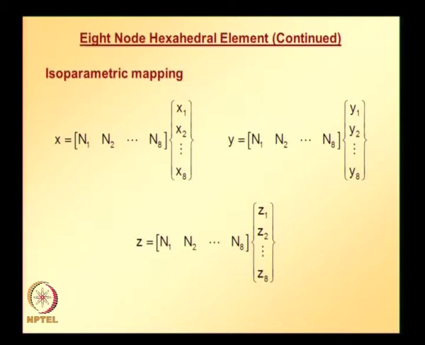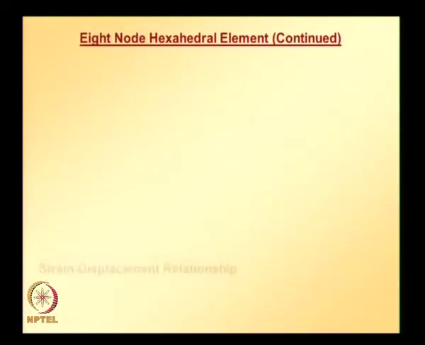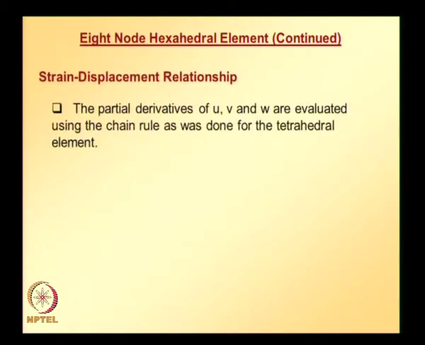Once we have this, since all the shape functions are functions of R, S, T, we can easily find the partial derivatives of x with respect to R, S, T, similarly y with respect to R, S, T, and z with respect to R, S, T, for subsequent calculations for strains. For the strain displacement relation, the partial derivatives of u, v, w are evaluated using the chain rule, as was done for the 4 node tetrahedral element.